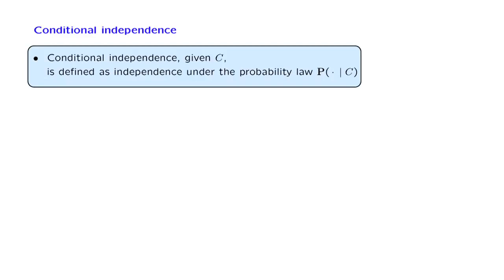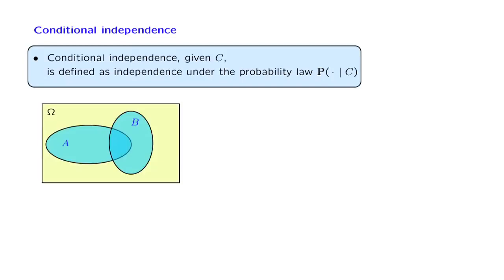Let us be more specific. Suppose that we have a probability model and two events, A and B. We are then told that event C occurred, and we construct a conditional model. Conditional independence is defined as ordinary independence, but with respect to the conditional probabilities.